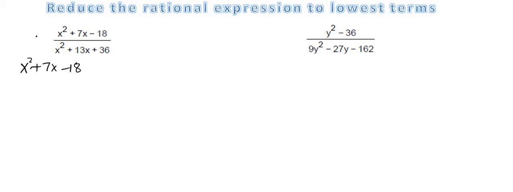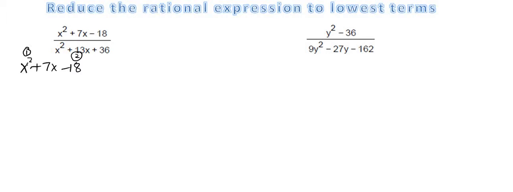First of all, we focus on the first term and the last term. So x squared and negative 18. We want to factor these two terms first, or we can say we try to break these two terms down.